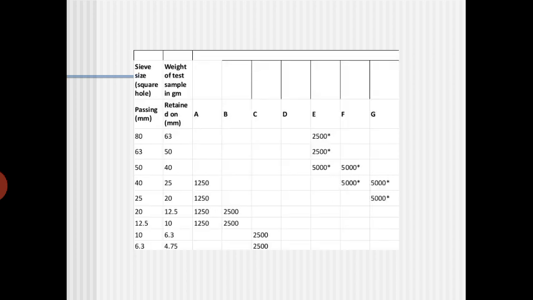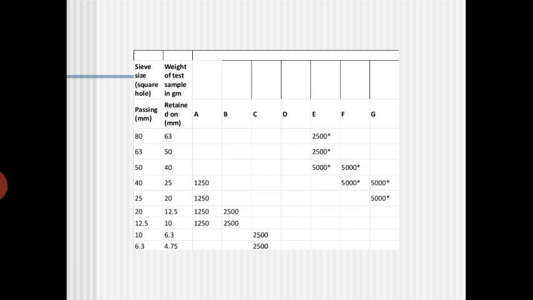And this is table 1. In this table you can see that different sieve sizes are there, on the Y scale different sieves, from 80 to 6.3. I said it is 63, and some IS codes will say it is from 63 to 6.3, but some IS codes will say 80 to 6.3.